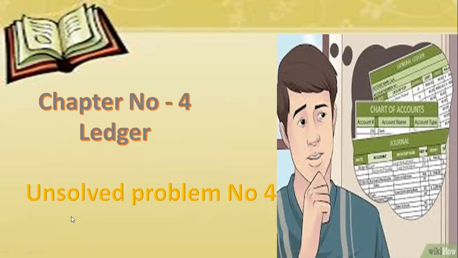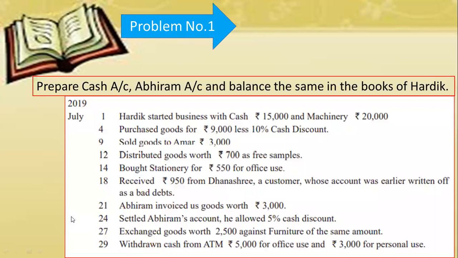Let us solve the example. Prepare cash account, Abhiram account and balance the same in the books of Hardik. 2019 July 1st. Hardik started business with cash rupees 15,000 and machinery rupees 20,000.